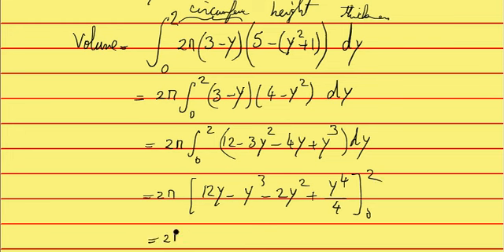So that's 2 pi times 24 minus 8 minus another 8 plus, that's going to be 4. Okay, that's 12 times 2. It looks like we got 24 pi.